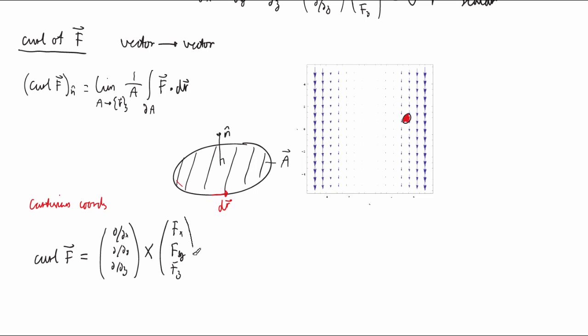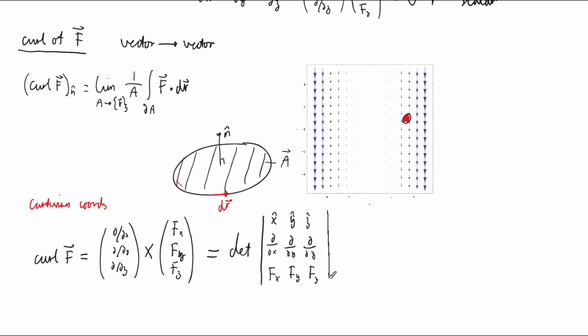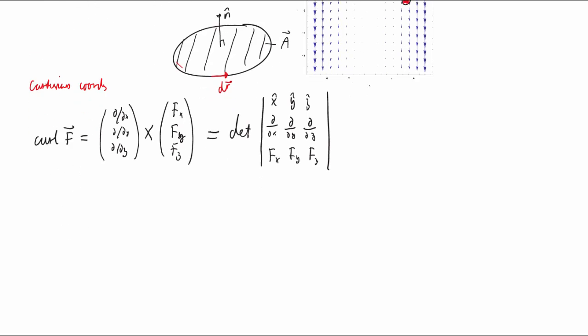It's supposed to be a y there. So we can see this as a determinant of the following: x hat, y hat, and z hat on the first row, d/dx, d/dy, d/dz on the second row, and f sub x, f sub y, and f sub z on the third row. Okay, so that's the curl.